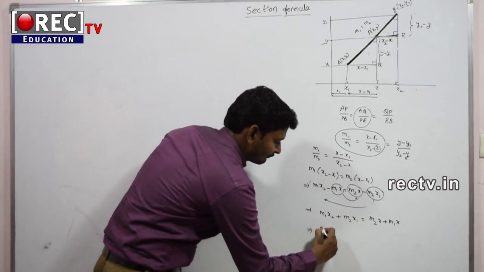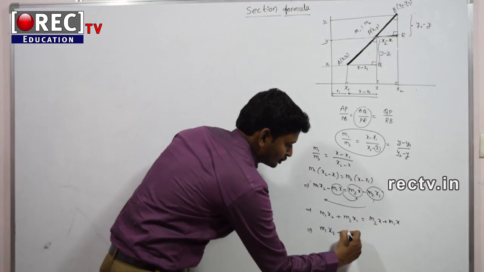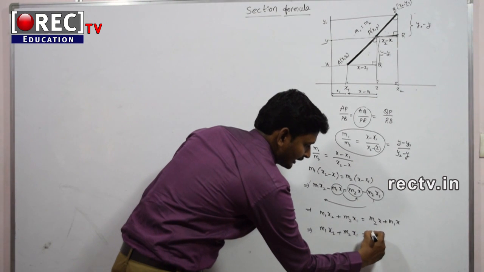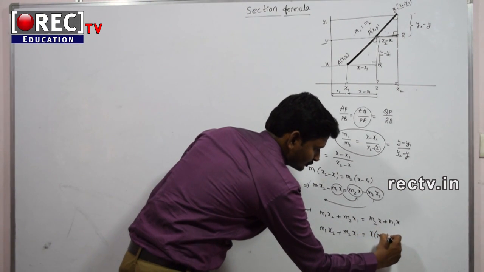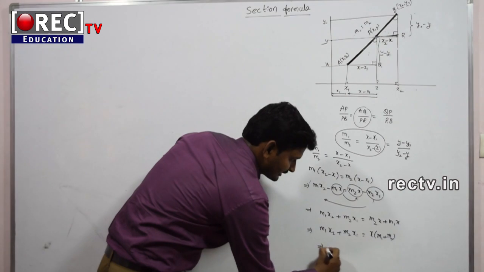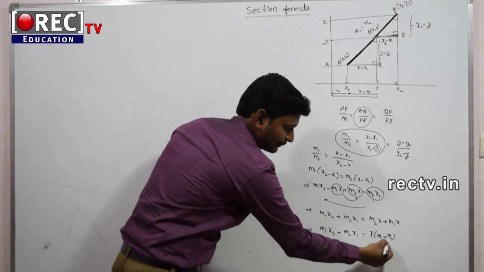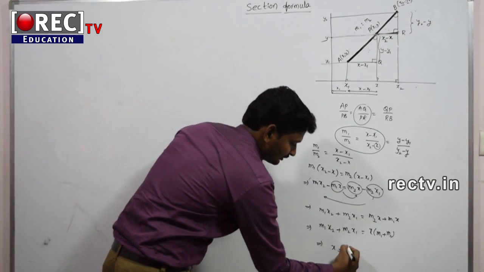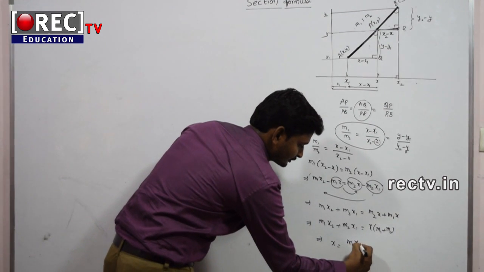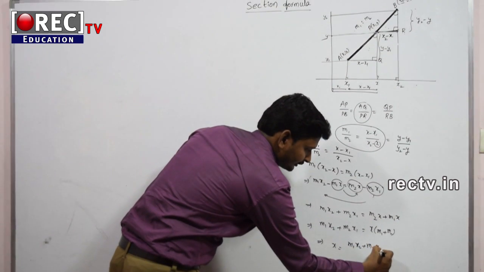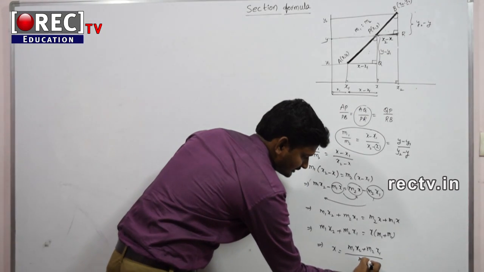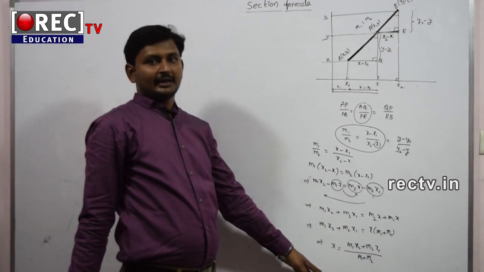Implies M1x2 plus M2x1 is equal to, taking x common, M1 plus M2 times x. So x is equal to, this value is in multiplication, it will come this side to division: M1x2 plus M2x1 divided by M1 plus M2. Now we got the x value.